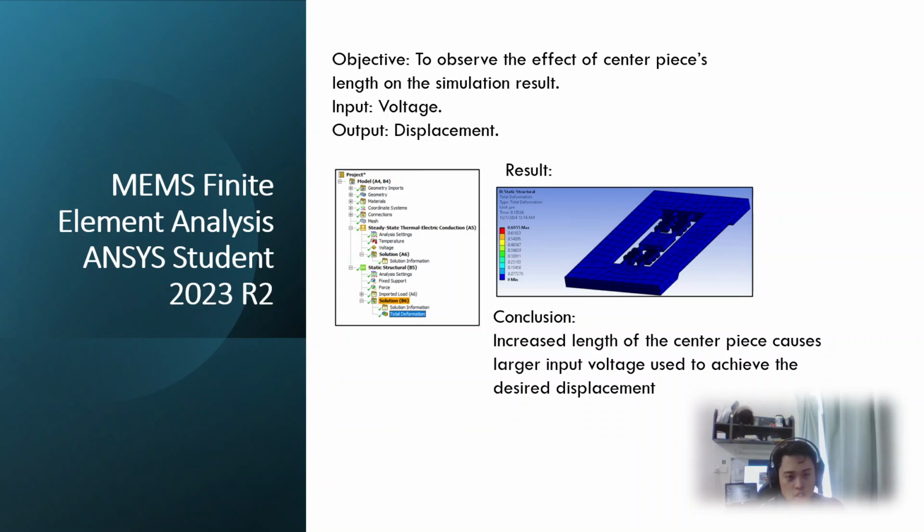Based on the result, we can conclude that if we increase the length of the center piece, the input voltage needed to move the displacement has to be increased as well. That's all for the simulation if we change the parameter of the layout.